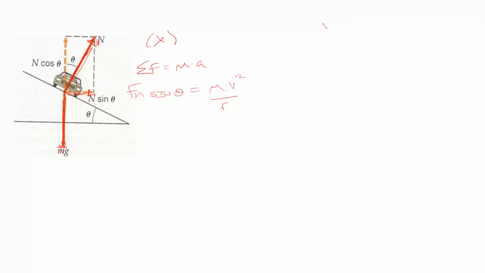Now in the y, I'm not accelerating. So here, the net force equals 0. Well, the sum of all the forces is Fn cosine theta minus mg is equal to 0. So I have two equations, and what I want to do is solve on the y side for the normal force.